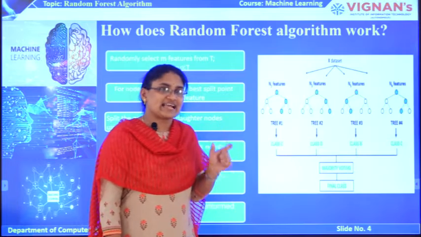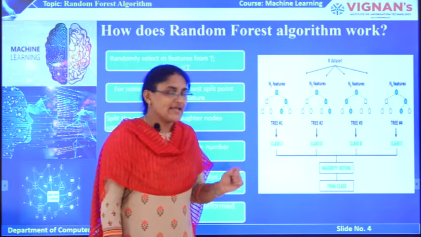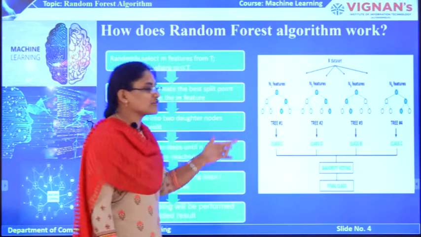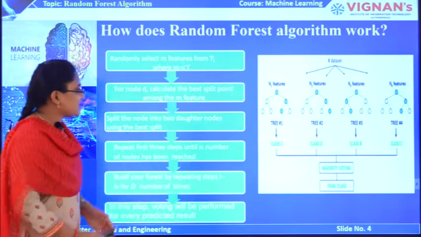Why? Because class C gets the majority voting. In this way the random forest works by using these steps.